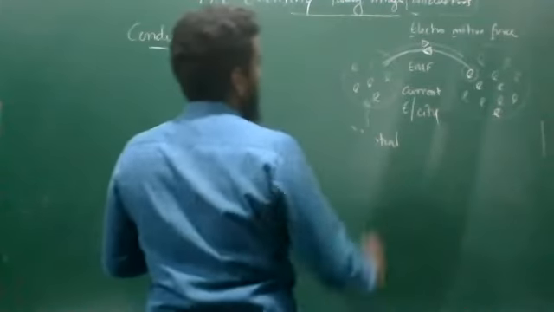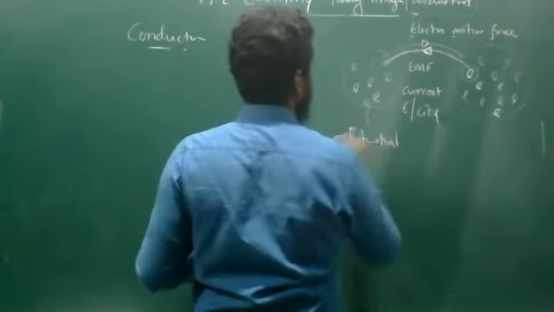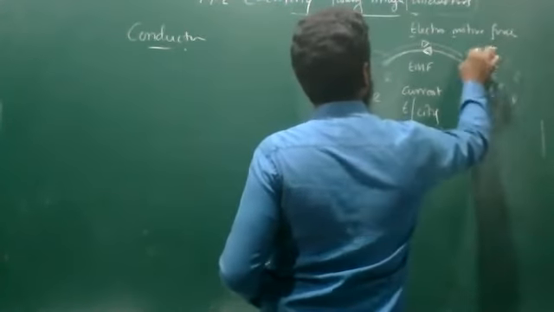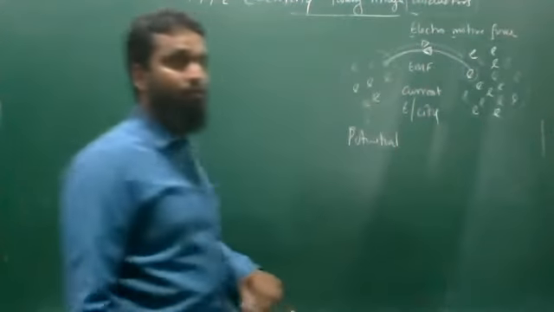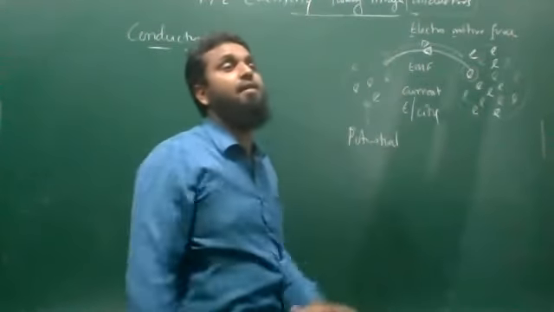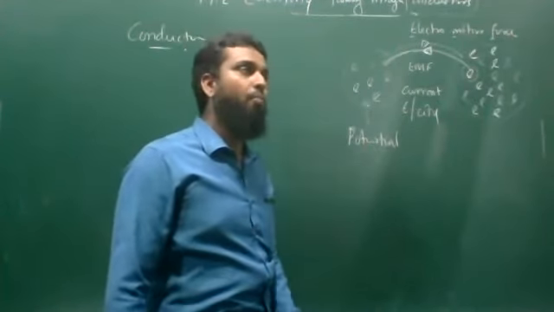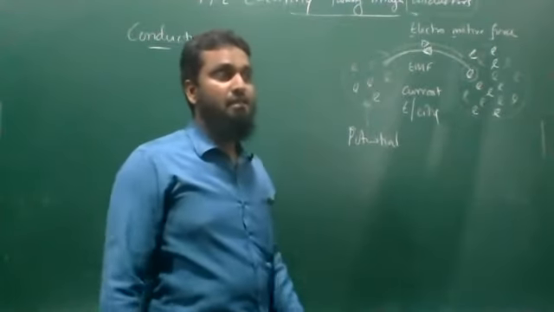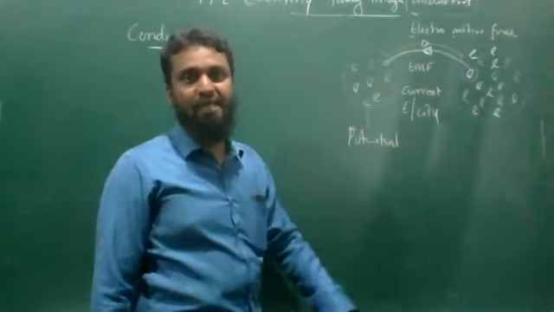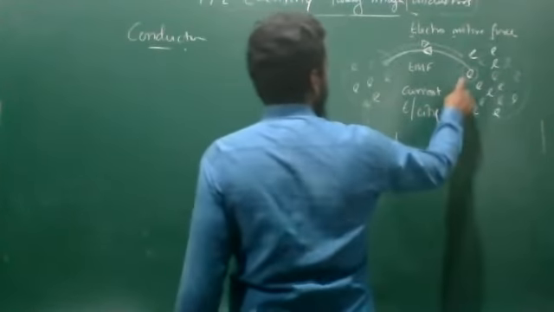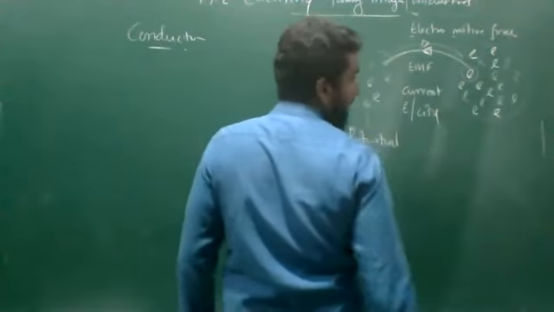Think about this. Here the potential is there. Now, if I increase the electrons here, it is like wind: if more pressure is there, the speed of the wind is going to increase. In the same way, if you increase the charges, the potential is going to increase.